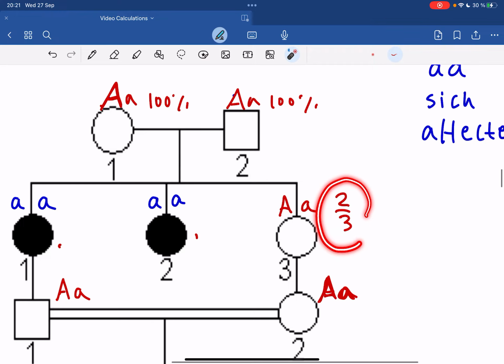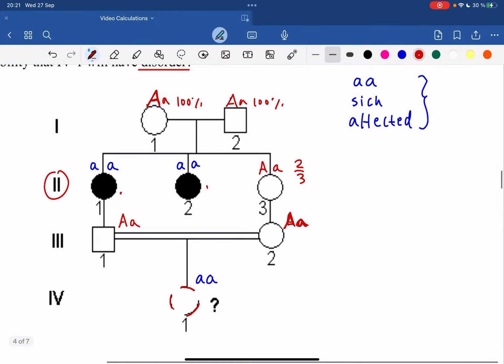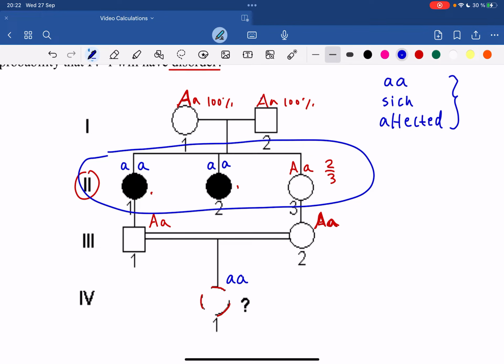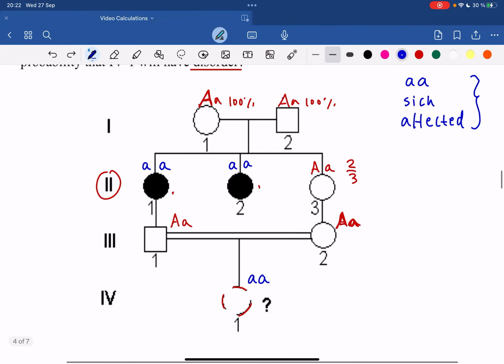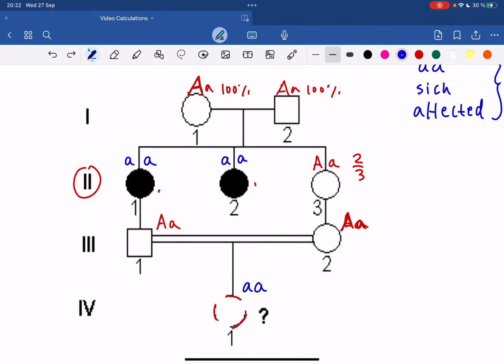So she has a 2 out of 3 chance to be a heterozygous carrier, or a recessive allele carrier. Perfect. I speak perfect English, guys. So now we know this whole generation's sort of allele probability. Okay, now for this generation is important.